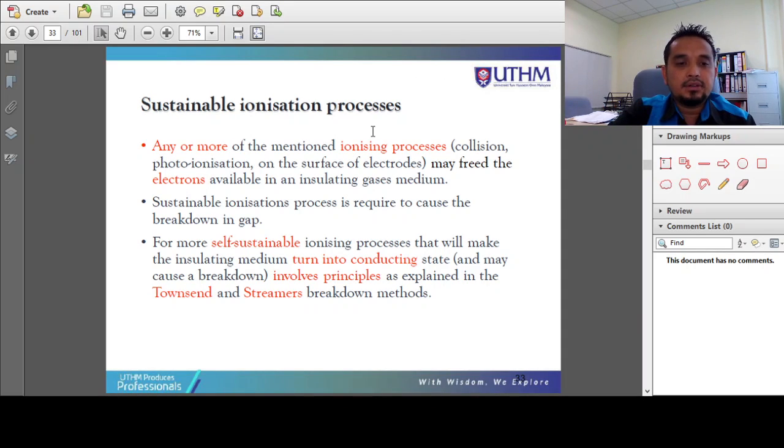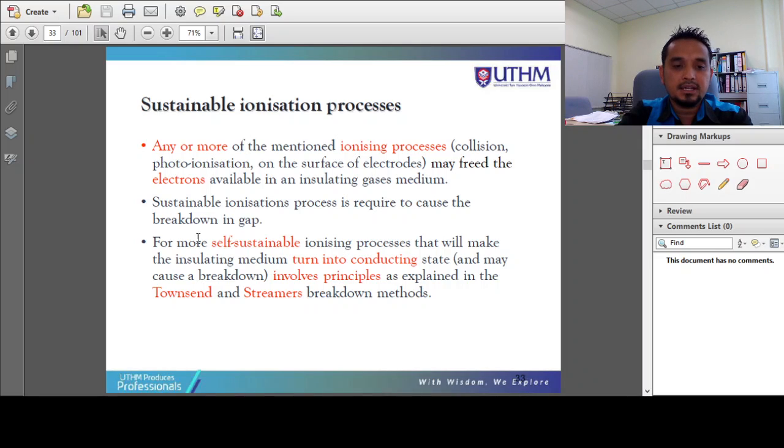Okay, sustainable ionization process. Any one or more of the ionization processes, like collisions, photoionization, and the surface of the electrode, in combination will constantly promote the electron to escape from its original atom or molecule. The prolonging of this process is what we call sustainable ionization, which occurs constantly until it comes to the breakdown in the gap.